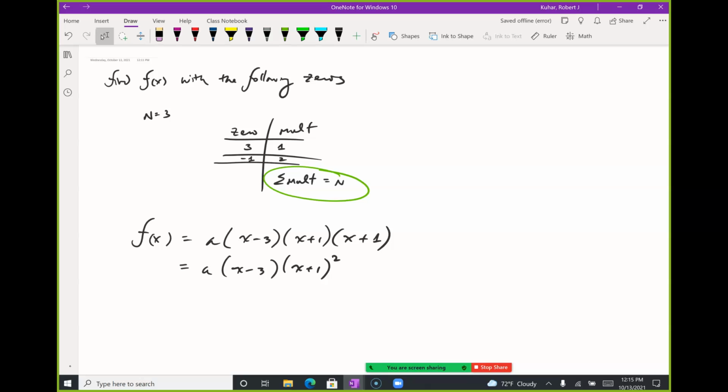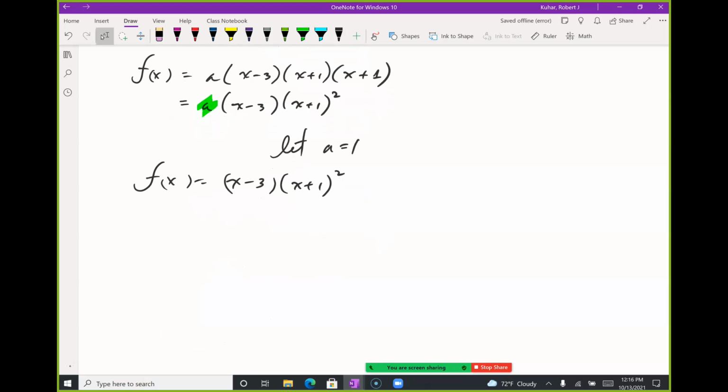And because they don't tell me anything about a point, I can pick the simplest version of a, which is going to be 1 every time. Okay? And there's nothing like this on your test. So I'm going to let a equal 1. And so there's my final answer. F of x equals x minus 3 times x plus 1 quantity squared.